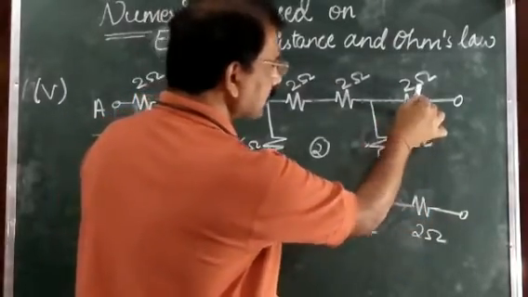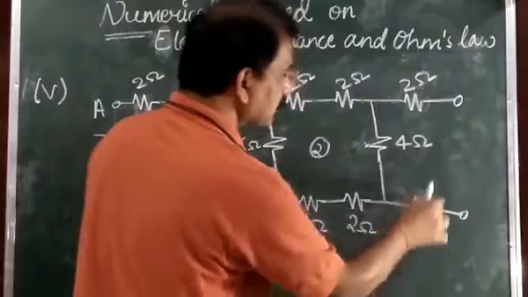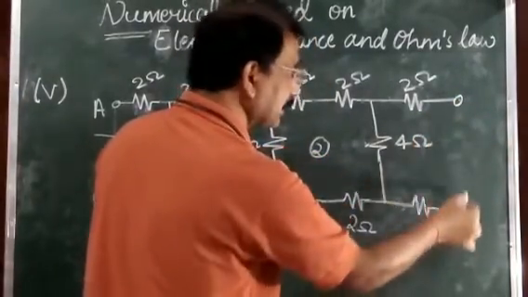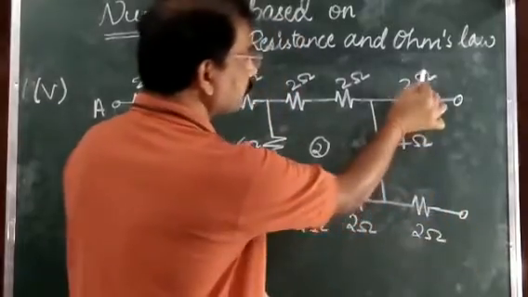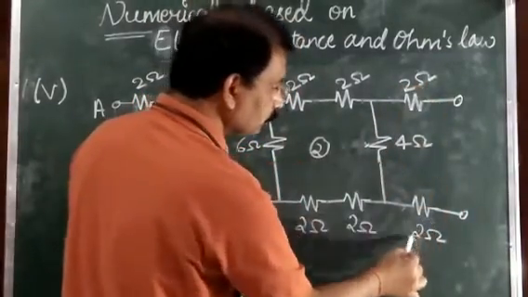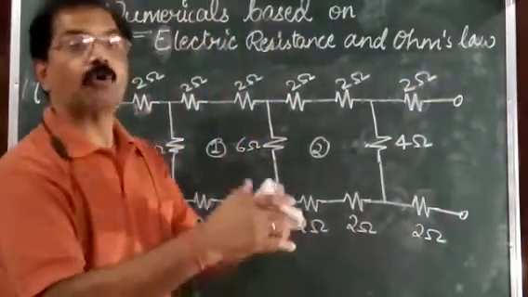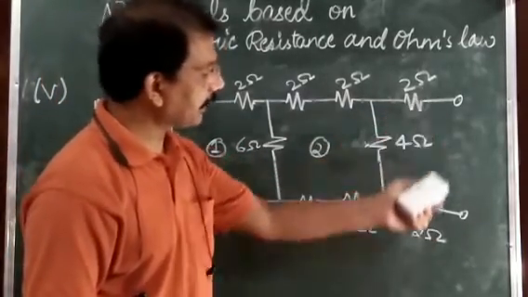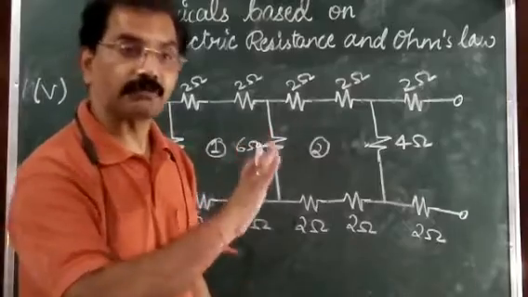When the current comes in this part and this part, then outside there is no circuit connected, it is not closed. It means this 2 ohm and this 2 ohm both are out of the circuit here. It means both are in open circuit, and in open circuit no current will flow.